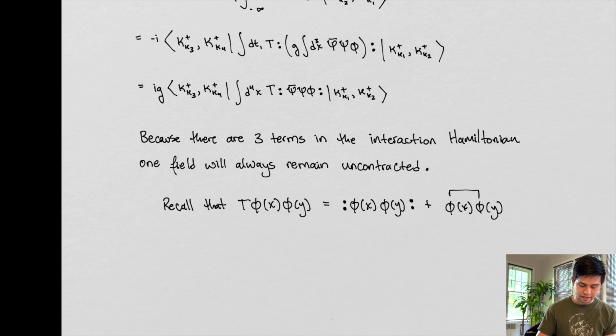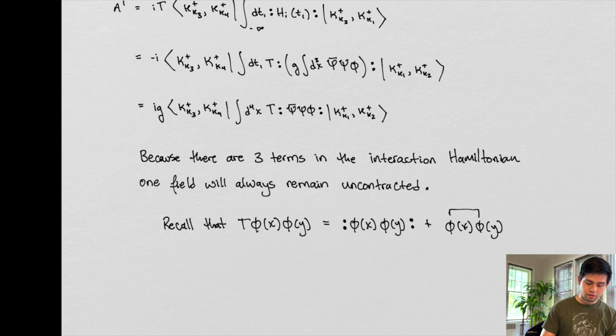Right? Because when you time order something and there's no contraction with whatever's being time ordered, then all you're left with is a normal order. And we've made this so that normal orders always go to zero.